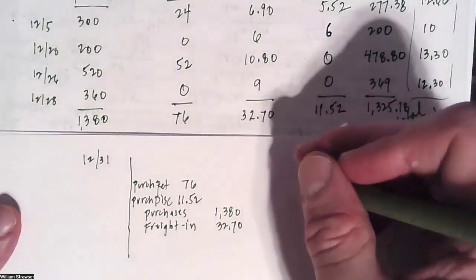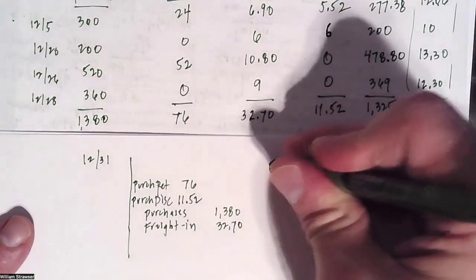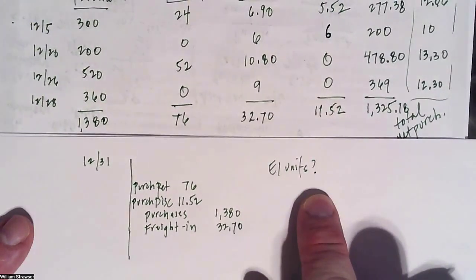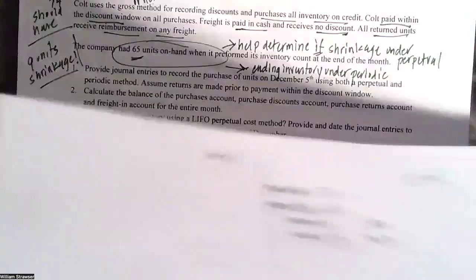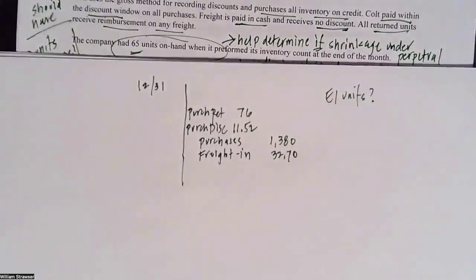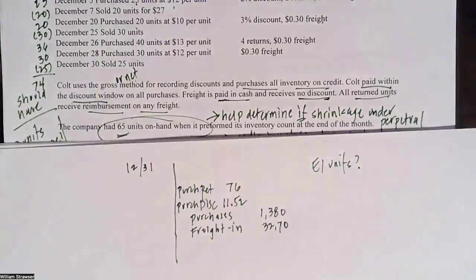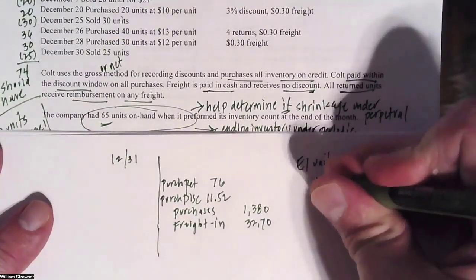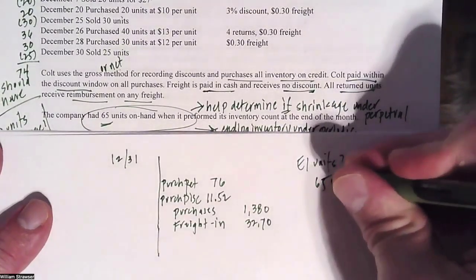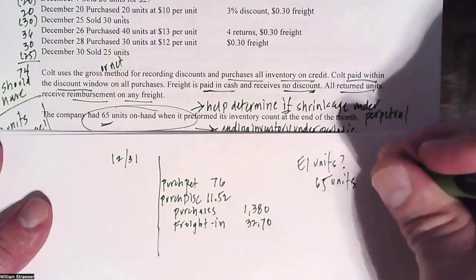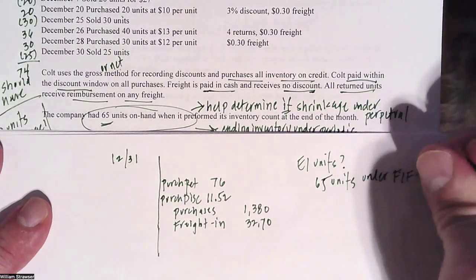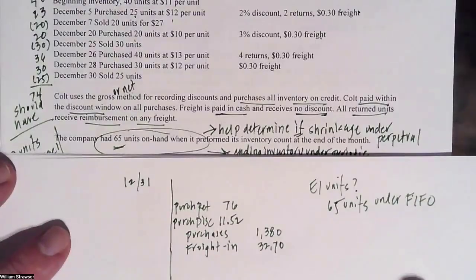So the first thing we do is, what is my ending inventory units, right? We need to establish a value for those. Well, the problem told me I had 65 units on hand when I performed my ending inventory count. So I need to assign a cost to 65 units under FIFO. Now, I'm not doing cost of goods sold anymore.